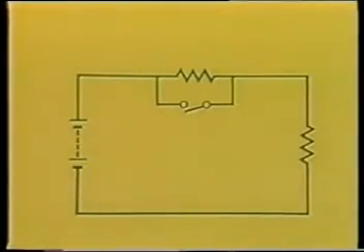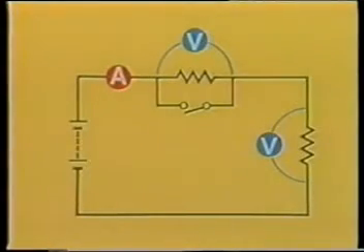Now we connect the resistors in series and connect a switch in parallel to one of the resistors. After connecting a voltmeter and an ammeter at these points, we will turn the switch on and off and see what happens.